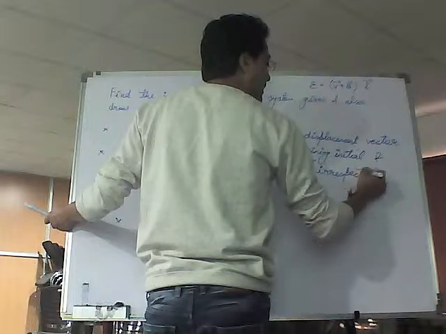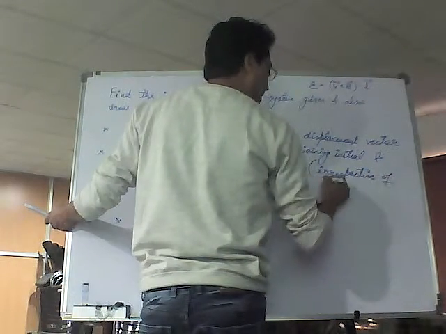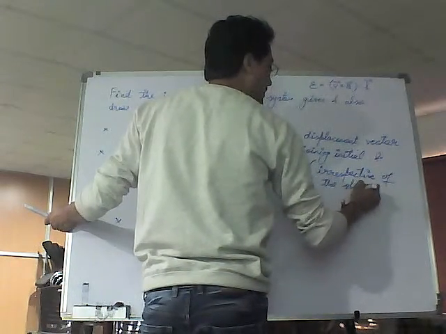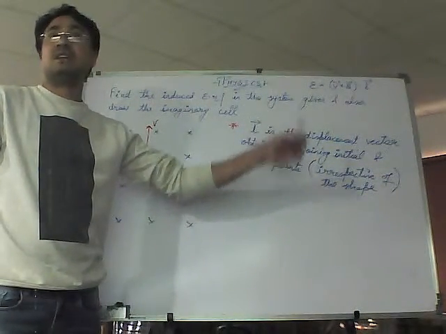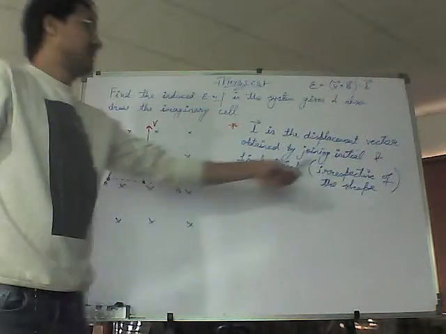लिख देता हूं irrespective of the shape, the displacement vector obtained by joining the initial and final points irrespective of the shape.